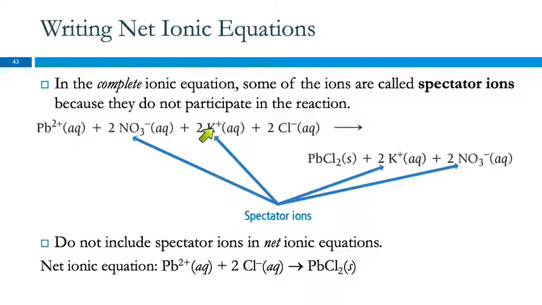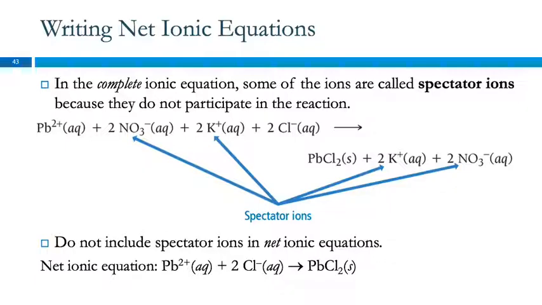We had 2 potassium ions, and we still have 2 potassium ions. They didn't get involved in a relationship. There was no chemical reaction with them. They're spectators. They're watching the other things going on. So lead 2 chloride, they're like, ooh, look at those guys, right? They're really having fun with each other, whatever, I don't know.